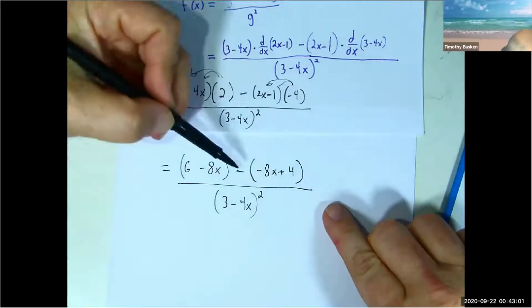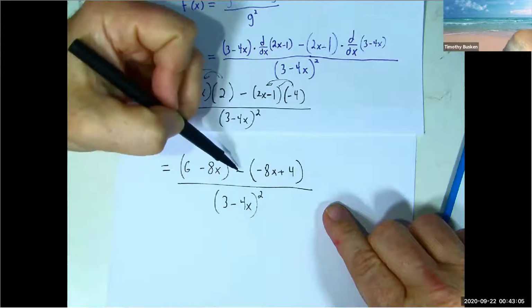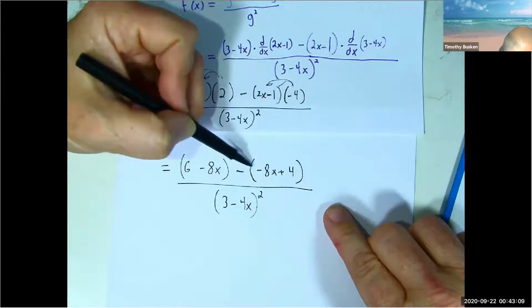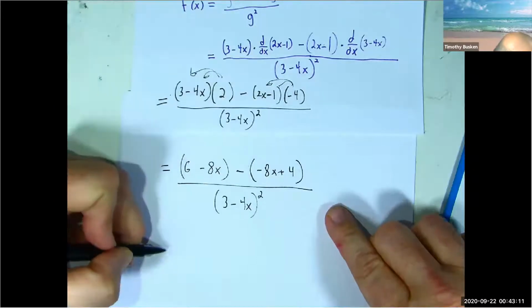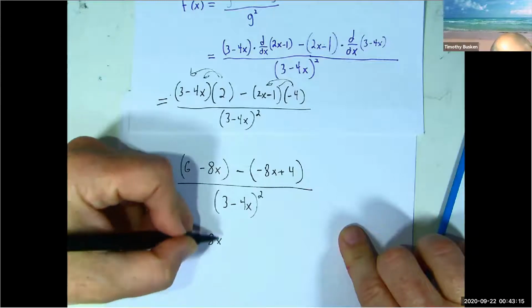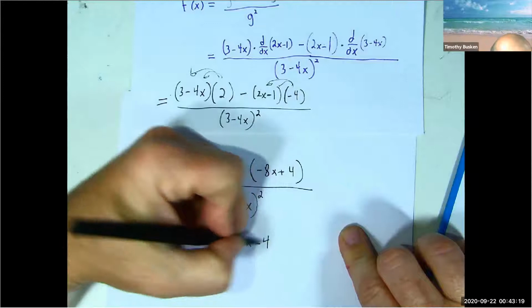Okay, so now I can get rid of the parentheses on the first quantity here. That's just using the associative property. And then I'm going to go ahead and get rid of the parentheses here by distributing the subtraction symbol. So that's 6 minus 8x plus 8x minus 4.